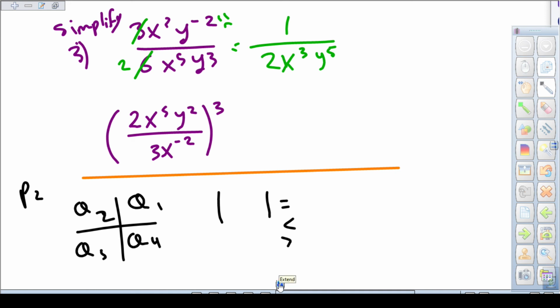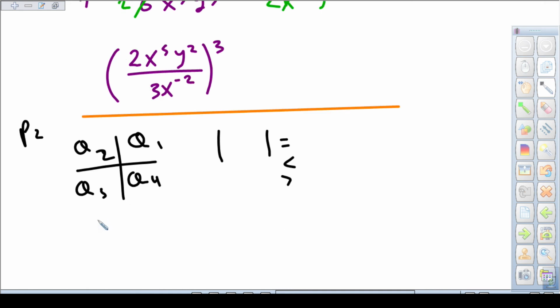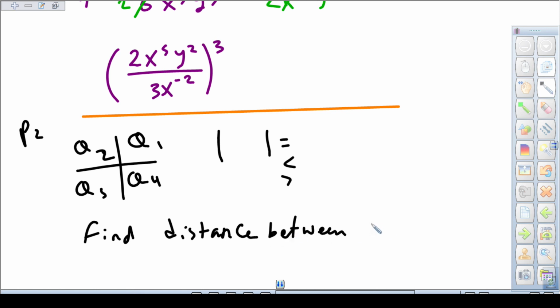Also distance formula. So for example, find the distance, let's say, between (2, 5) and (-3, 9). Okay.